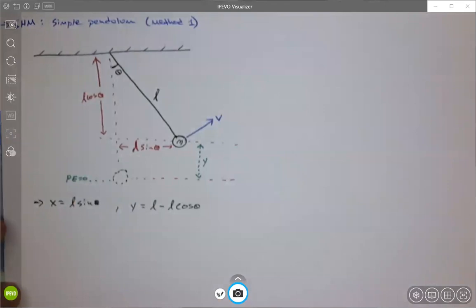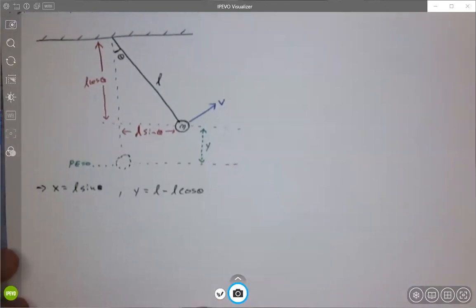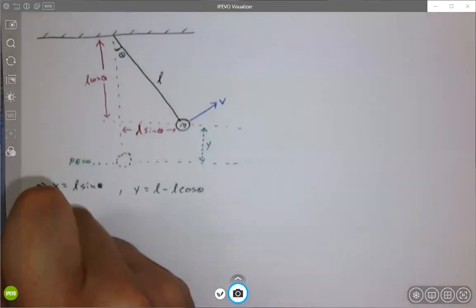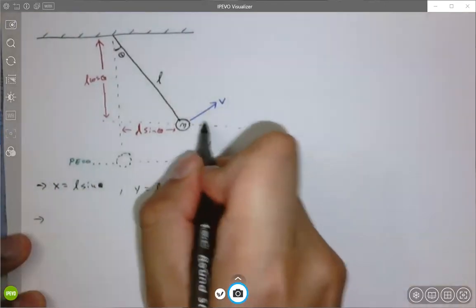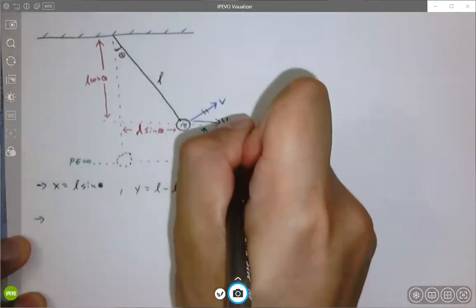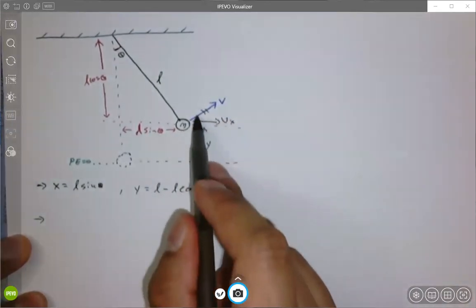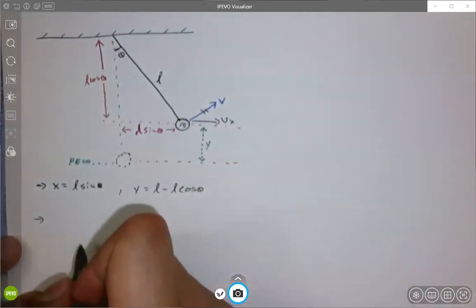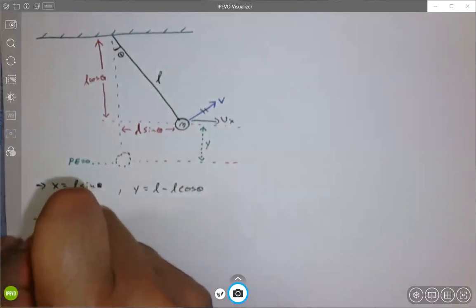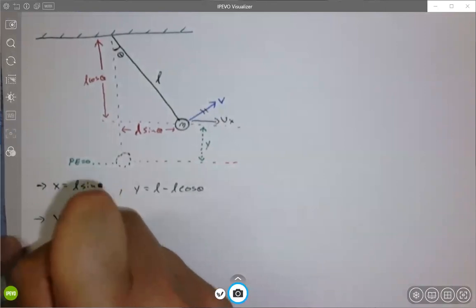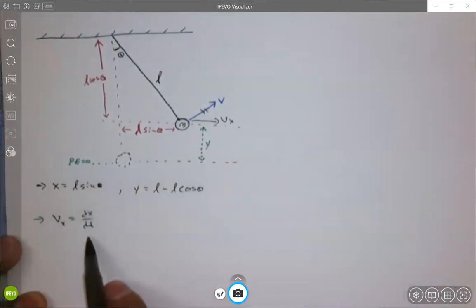Along with the generalized x and y coordinates, we have the generalized x and y velocities as well. How are we going to write that? We can write that as Vx, which will be the component of the velocity going this way. The angle right here, theta, is going to be the same over here. So Vx is equal to dx over dt, but we know what x is equal to already.